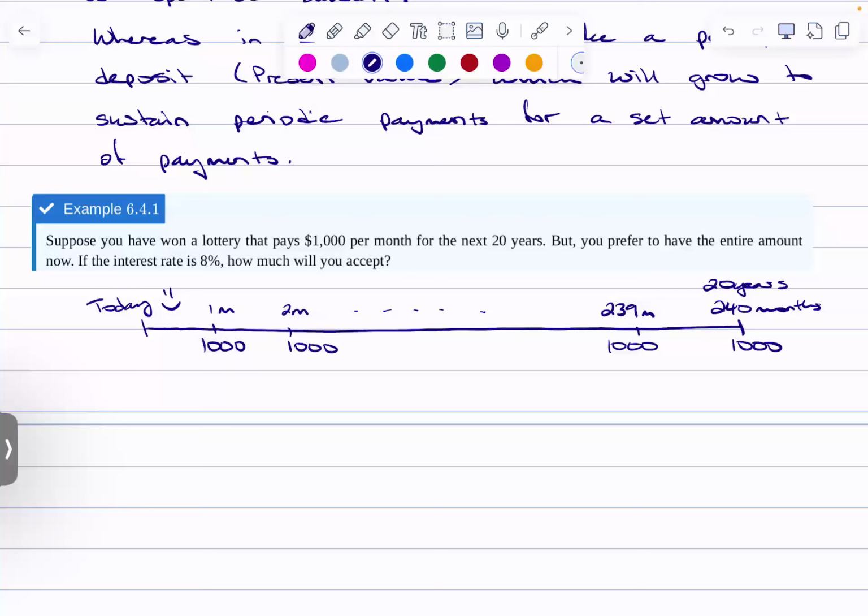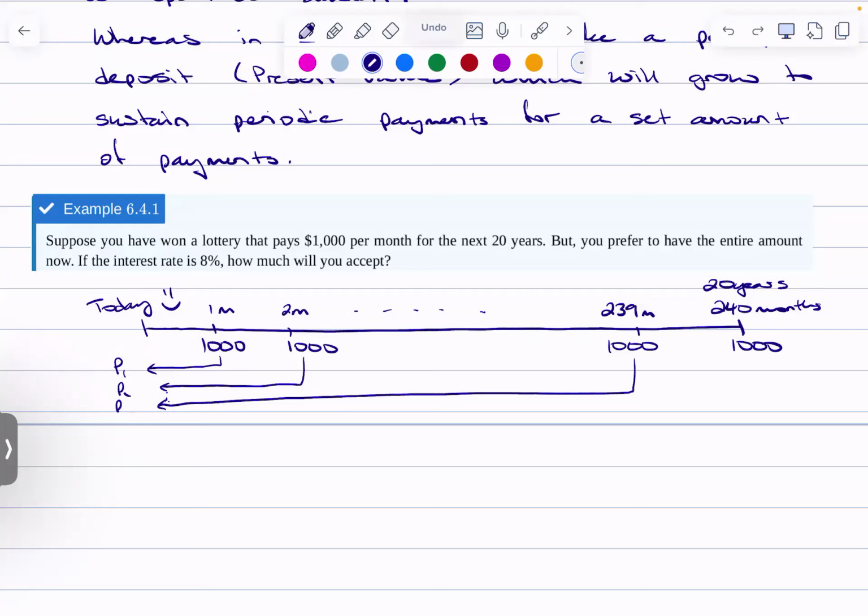You could, in theory, find P1, P2, P3 or 239, and the principal value of P240.